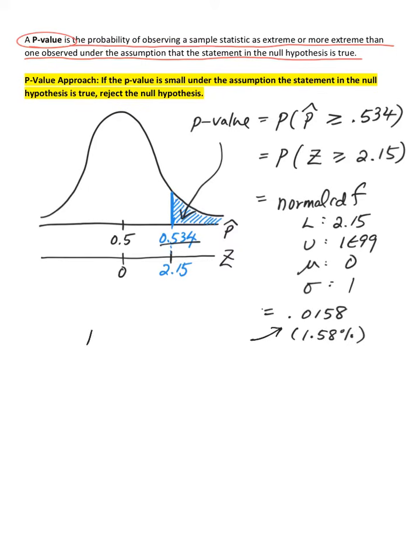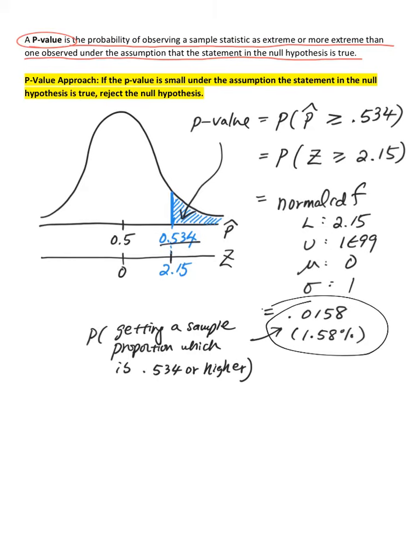So this is the probability of getting a sample proportion which is 0.534 or higher. This is called a p-value. Now the p-value approach says if the p-value is small under the assumption that the statement in the null hypothesis is true, reject the null hypothesis.